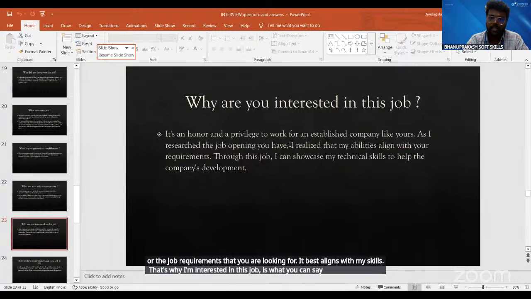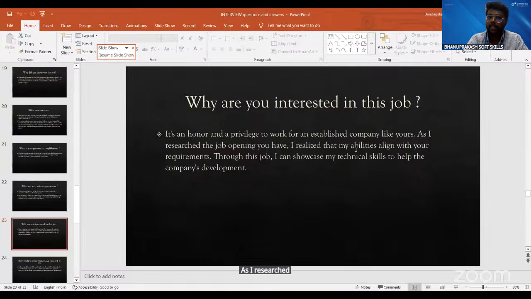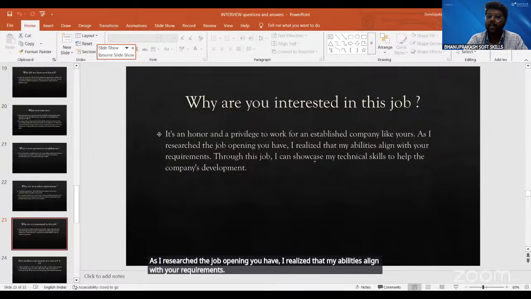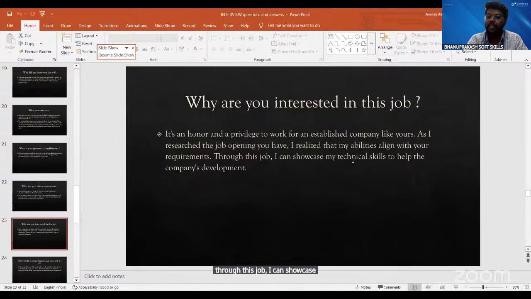And that's the exact thing that you can see here. As I researched the job opening you have, I realized that my abilities align with your requirements. Through this job, I can showcase my technical skills to help the company's development. So that's why I'm interested in this job, is what you can say.